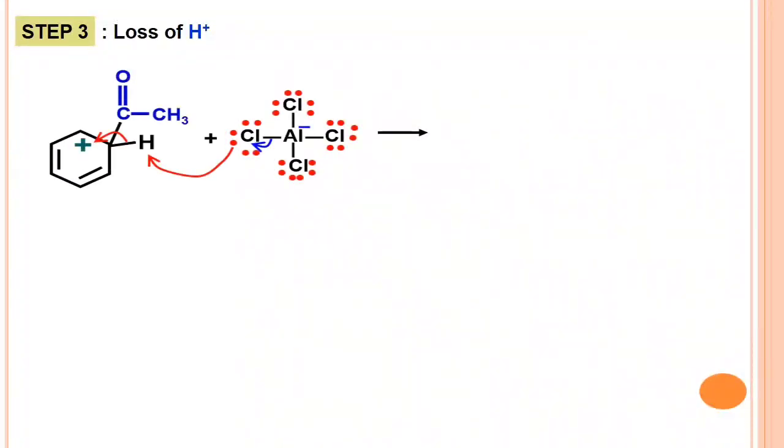Okay, the last step, we want to remove the hydrogen atom just now. Kita tak nak hydrogen ni kan, sebab kita nak dapatkan semula benzene ring. So what happened here? The bond between hydrogen here akan masuk semula jadi double bond. So this hydrogen akan diambil oleh one of the chlorine at aluminium tetrachloride ni. Chlorine tak kisah mana-mana boleh.